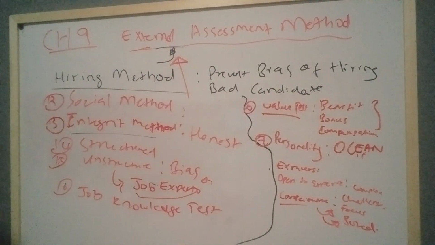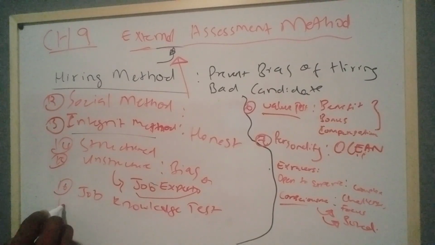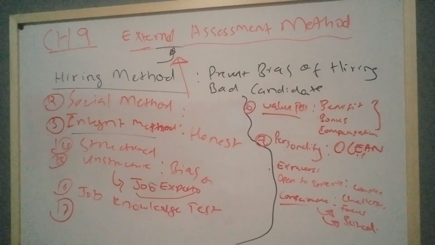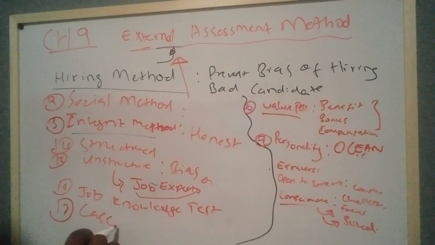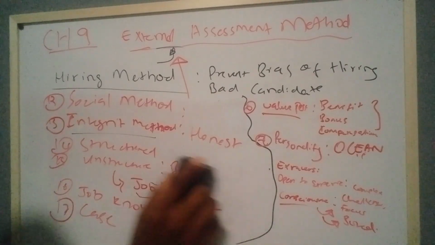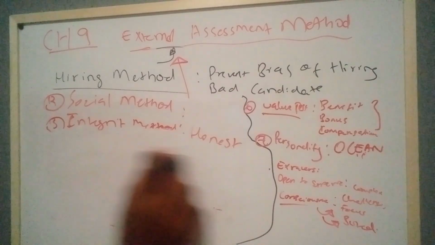That is where they assess only the knowledge that you have about that certain job you applied for. Right. And then the case interview, number 17. That is where they give you a certain task to solve in the organization. Right. So let us move on.